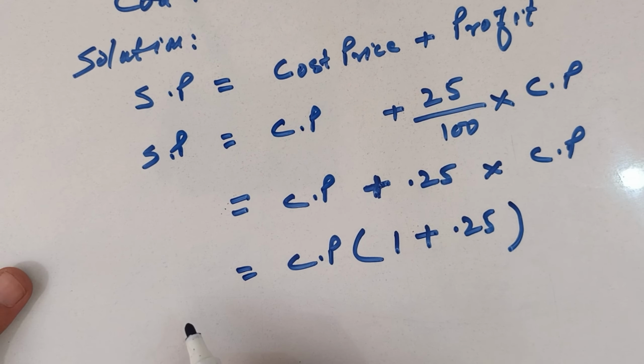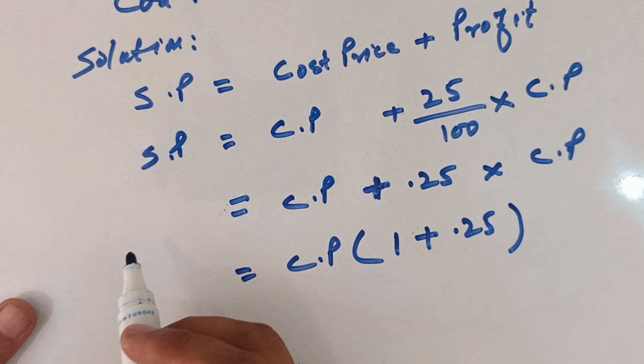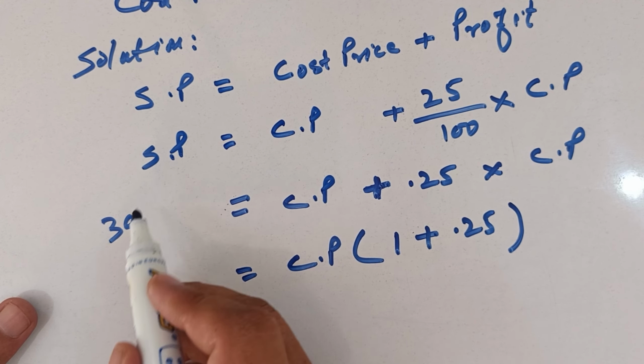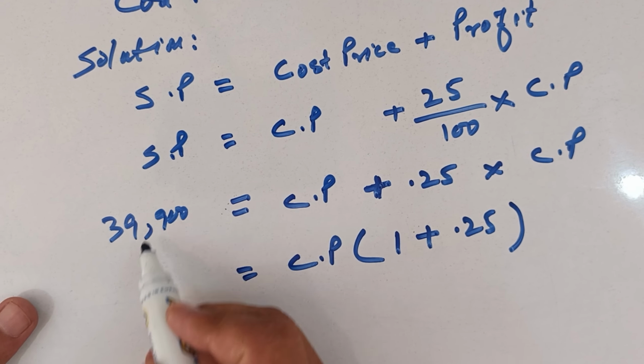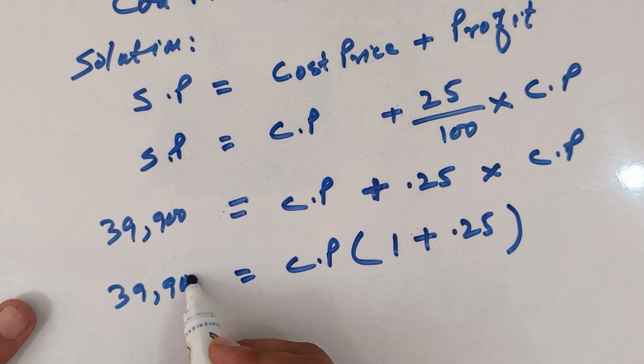Now we will put the value of selling price, which is 39,900. We can also write here 39,900.